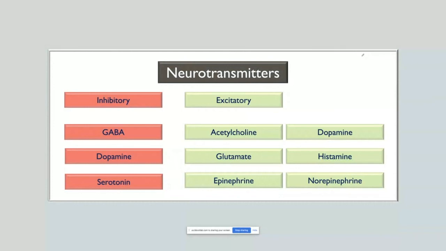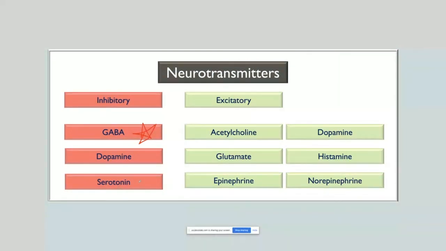GABA is the most important of the inhibitory neurotransmitters. Dopamine, for example, inhibits the production of prolactin in the pituitary. Serotonin inhibits anxiety, and we are very anxious. Serotonin calms us down. We're going to have time to talk about that.